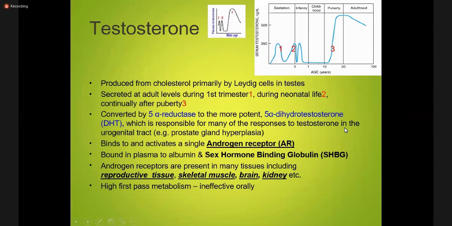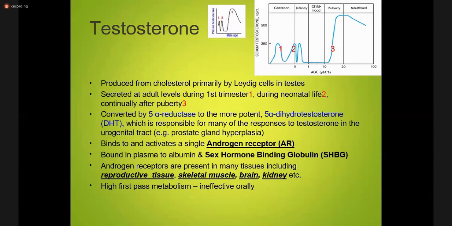It has a high first pass effect. It means that if you take testosterone orally in drug form, it has very high first pass metabolism. So usually if we use it as a drug, we do not use it orally.